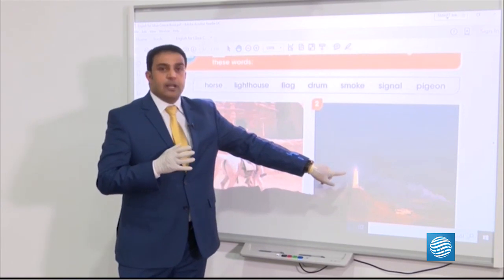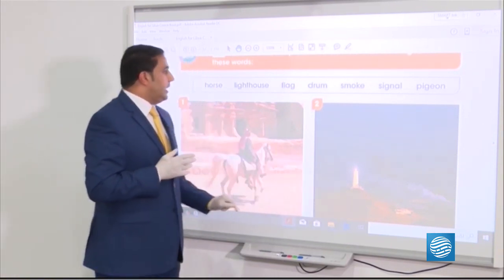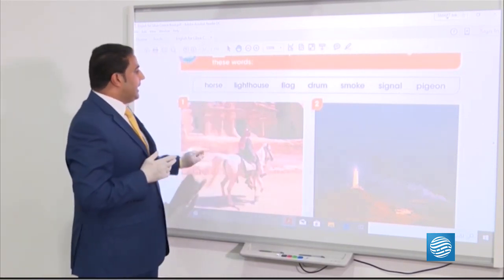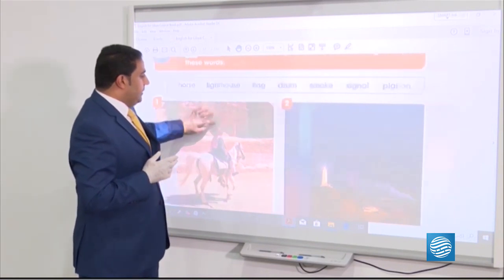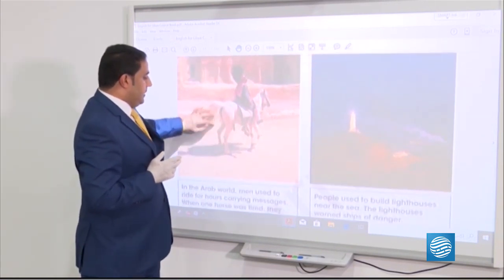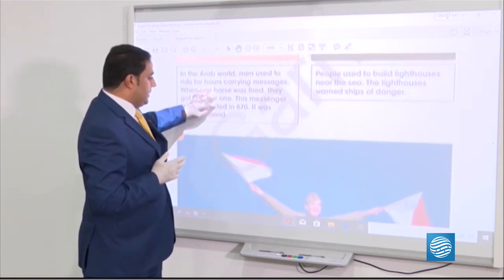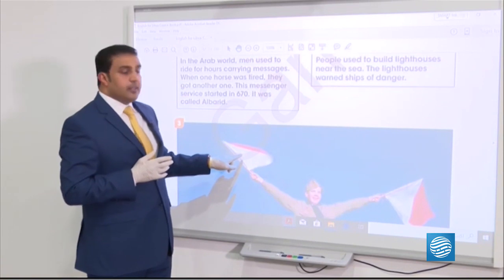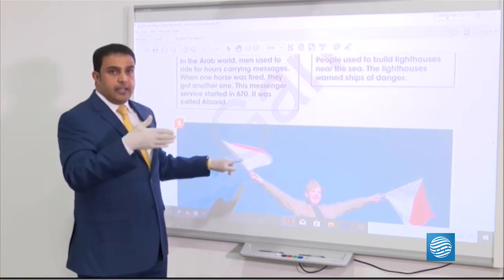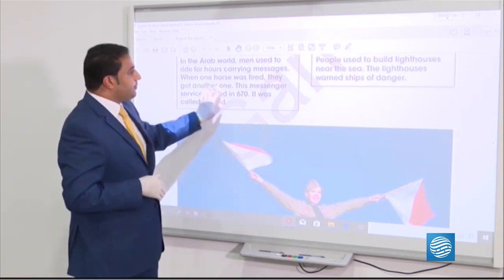يعني بالعربي يقولها المنارة. Lighthouse يعني المنارة. Okay, flag. Flag is something we use to wave by. So this is called flag. Flag. Again, flag. Very good.